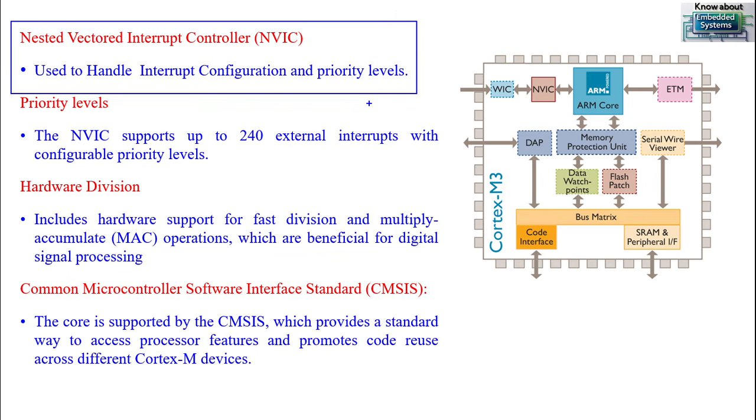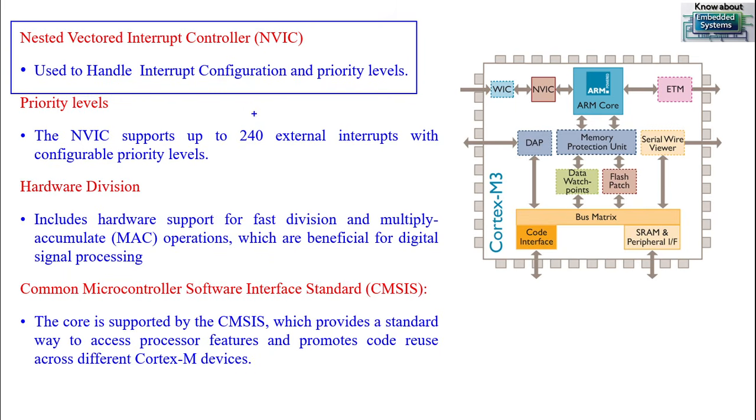NVIC stands for Nested Vector Interrupt Controller. You can create an interrupt within an interrupt, and whichever has the highest priority, that interrupt will be served first. Even if a low priority interrupt is being served, if a higher priority interrupt comes into the picture, the higher priority interrupt will be served and the lower priority interrupt will be kept under suspension.